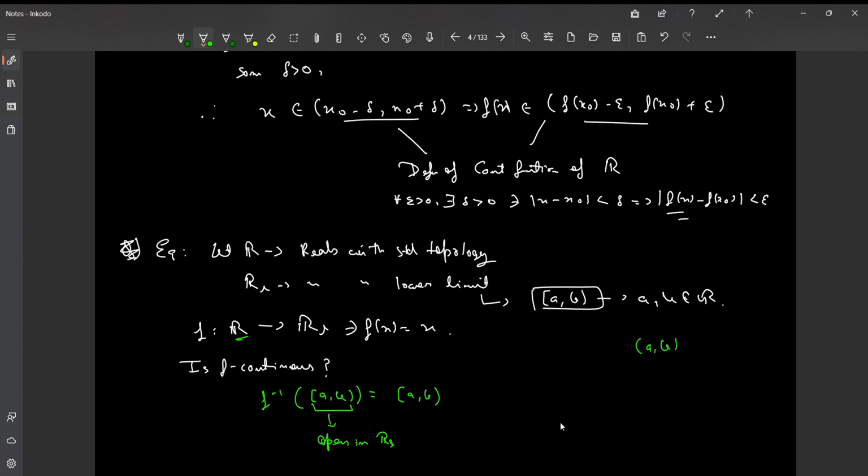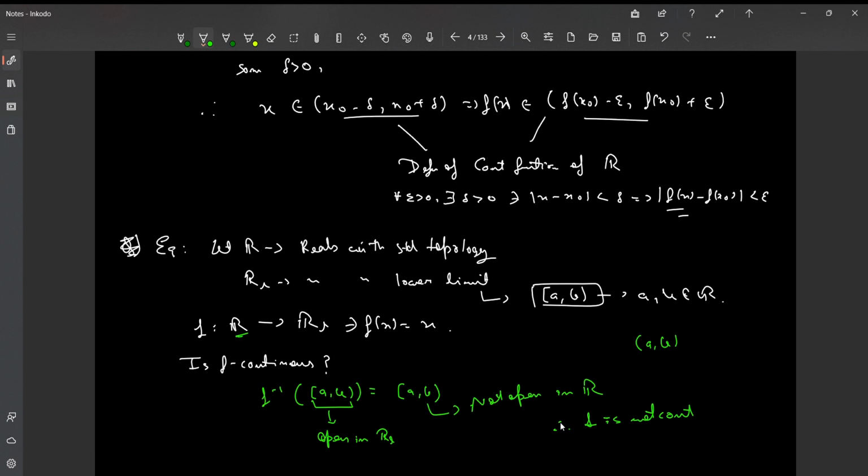In the standard topology we have the basis elements as open intervals (A, B). So these elements are not open with respect to the standard topology, not open in R. Therefore F is not continuous, because for F to be continuous, we need the inverse images of open sets to be open. This is not happening here.